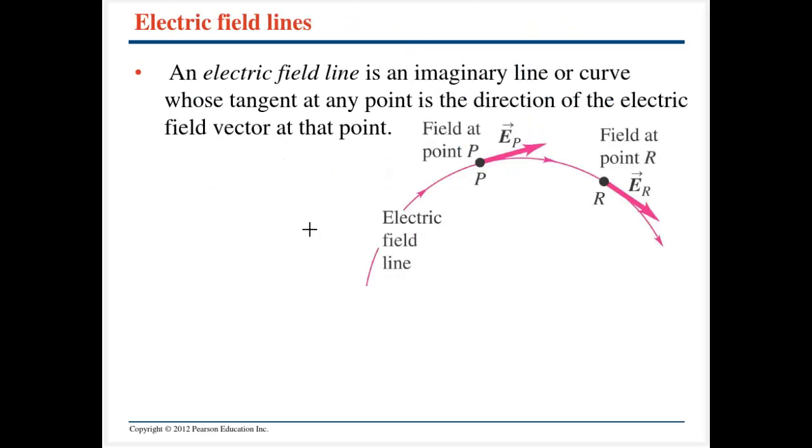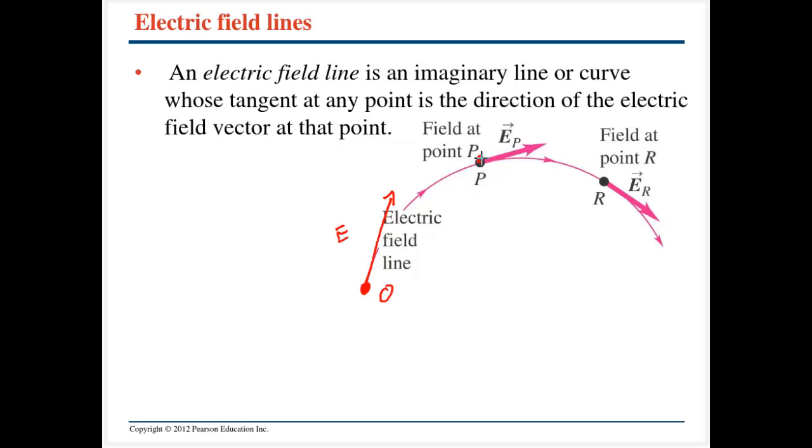We can visualize the electric field by using electric field lines, more or less imaginary lines that let us map out the electric field. So for example, if here I am at point P and I'm measuring my electric field and it's in that direction, or at point Q, my electric field will be in that direction.